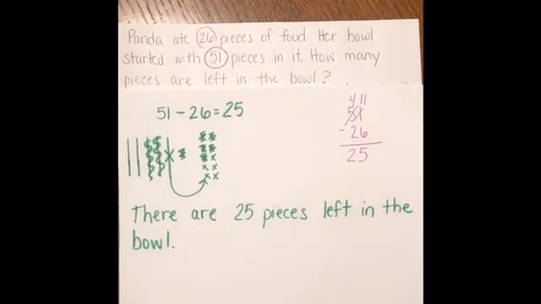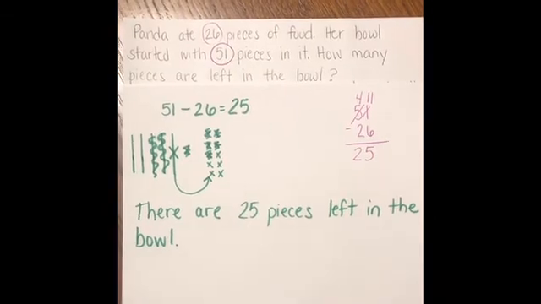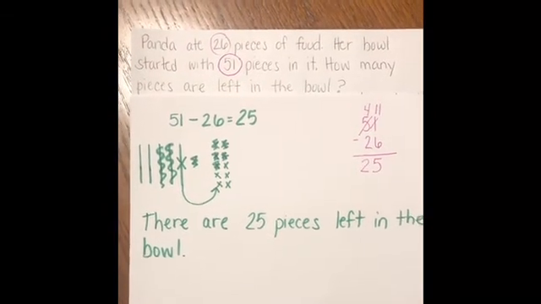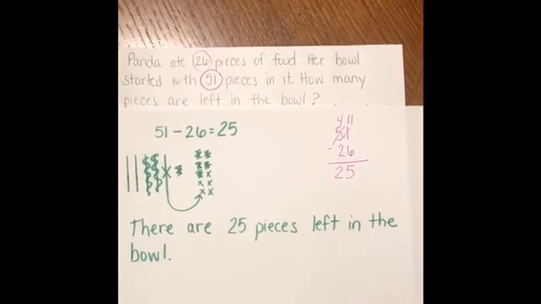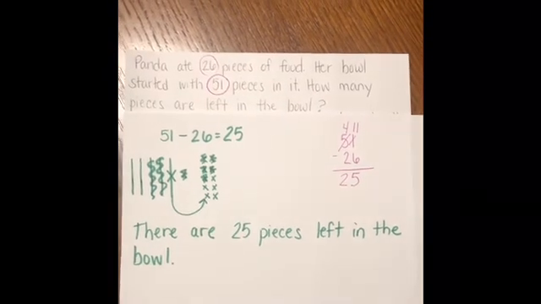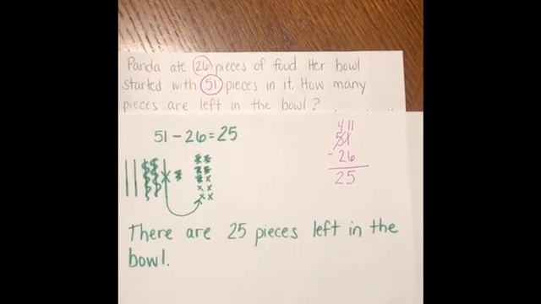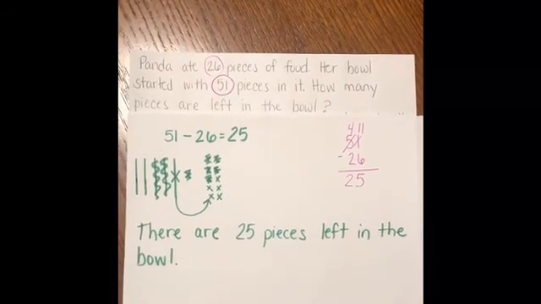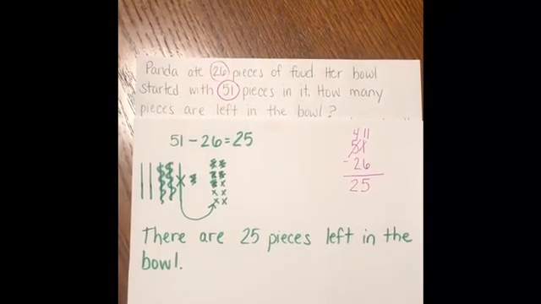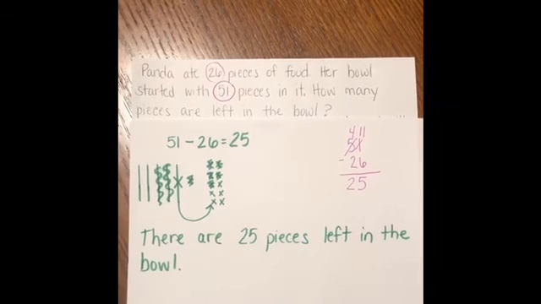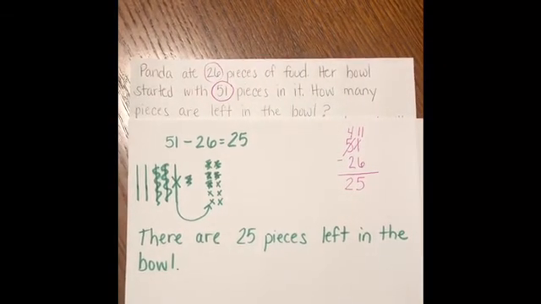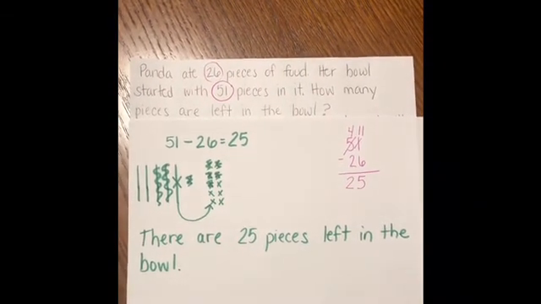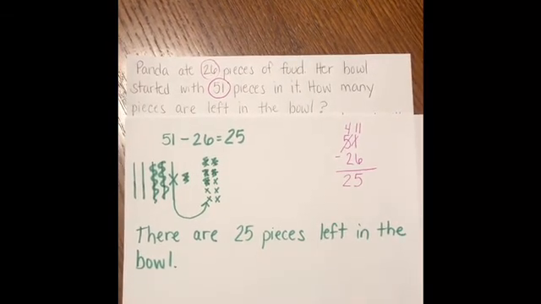Now again, I know these are tricky problems, and I didn't give you these tricky problems to make you upset or to make it too hard. I gave you these tricky problems because we have to learn to train our brain to stop and think about what the problem wants us to do. And we can help do that by going sentence by sentence and picturing or thinking about what's happening in the problem.